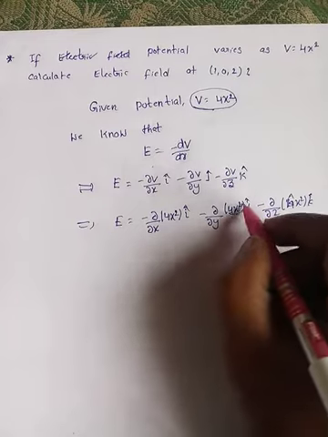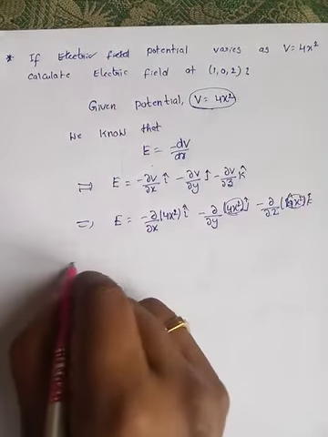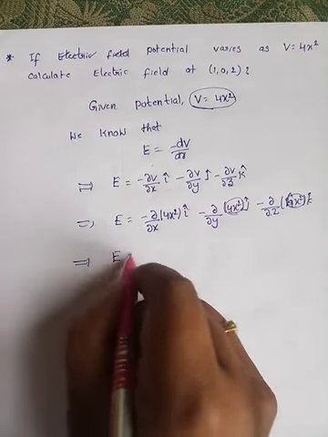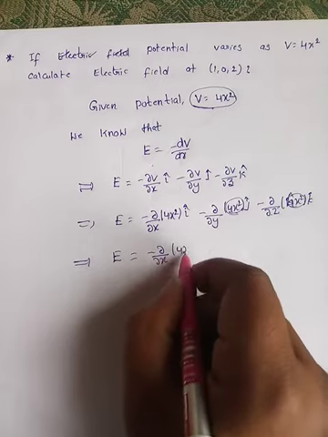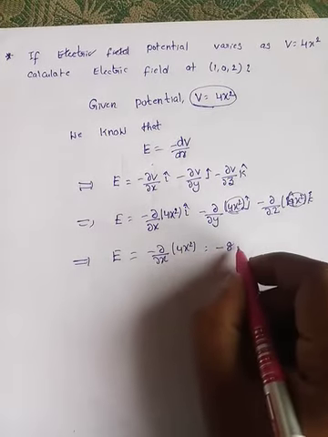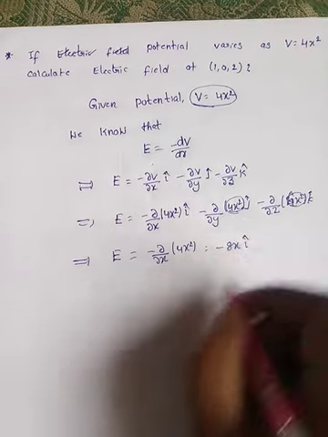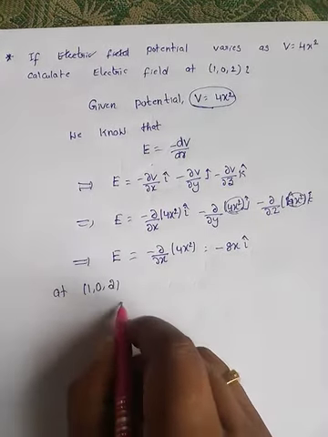Here there is no y component, and also no z component, so these two terms become 0. Now the electric field lies only along the x axis, minus d by dx of 4x square. D by dx of 4x square is what? 8x. So minus 8x i cap.